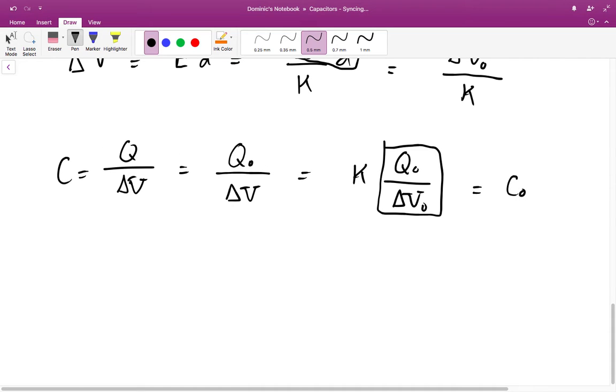So the new capacitance is equal to kappa times C naught. And by the way, kappa is always greater than 1.